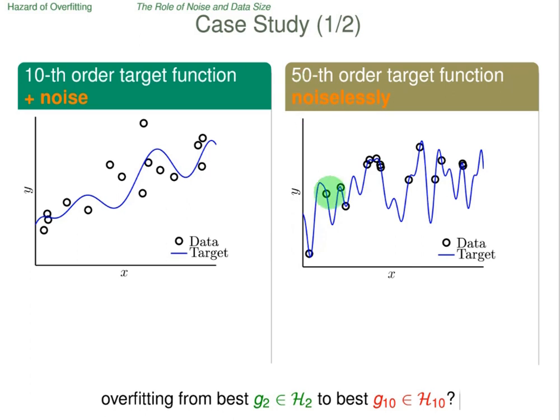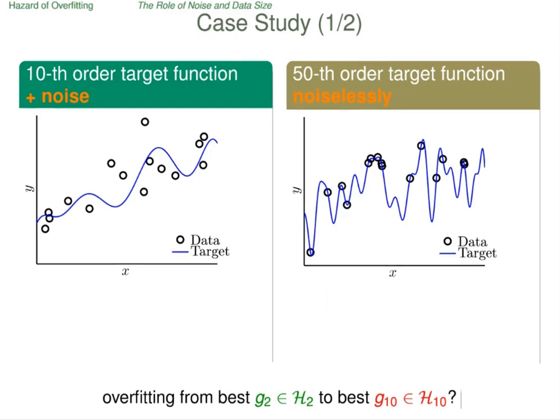Now we can try to model both target functions using two models, second order and 10th order polynomial. And we can get different results. Those results can help us analyze which one of the hypotheses overfits the data, second order polynomial or 10th order polynomial. So let me repeat the task again. We have two different cases.